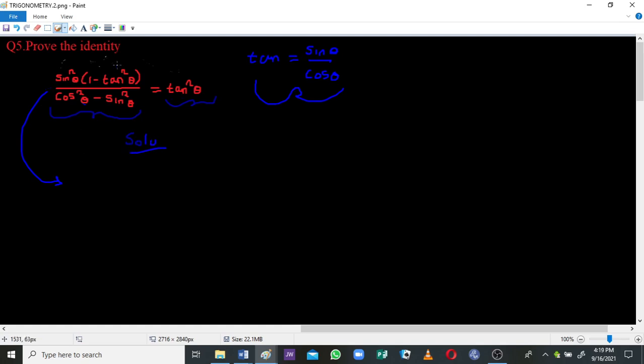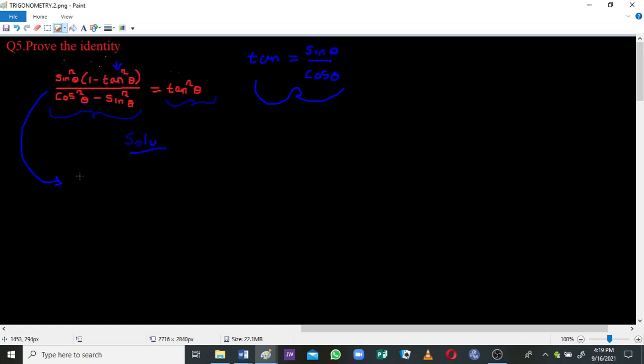So what we are going to do here, we are going to substitute tan squared theta by sin theta over cos theta. Or if you want, you can do that first. We can deal with what is inside the brackets. We are going to multiply sin squared theta with what is inside the bracket.